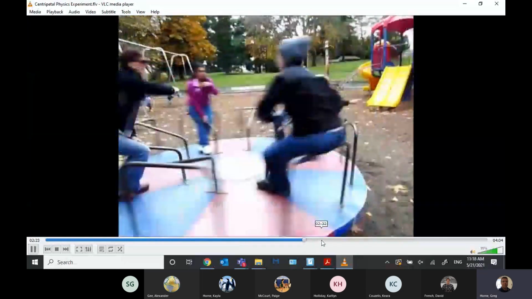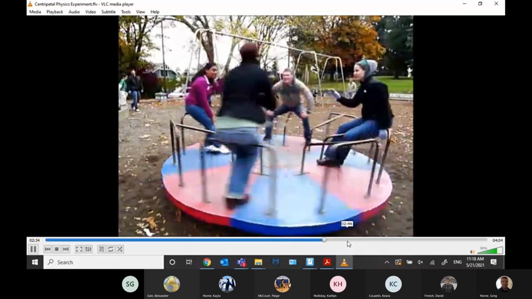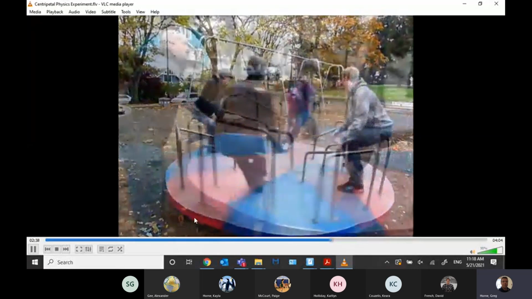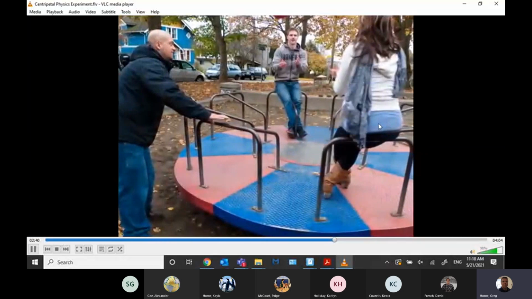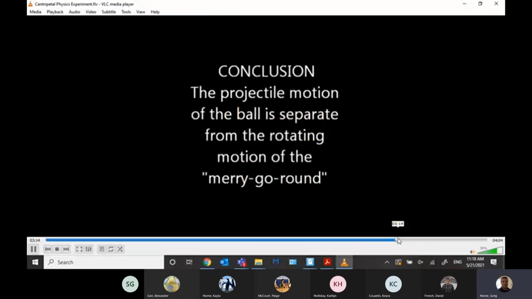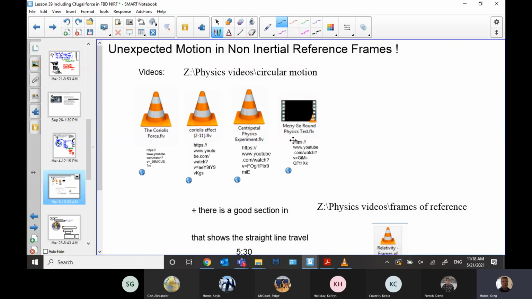There you go. So if that person tries to throw at the person across from them, it might go to the person beside them instead, I think is what they're trying to go for there. Anyways, so that's just another video of the same kind of thing.